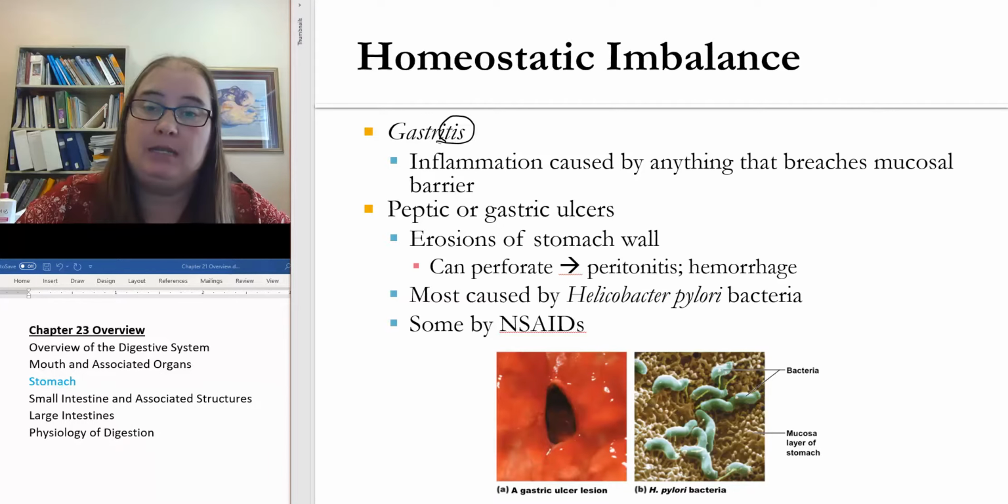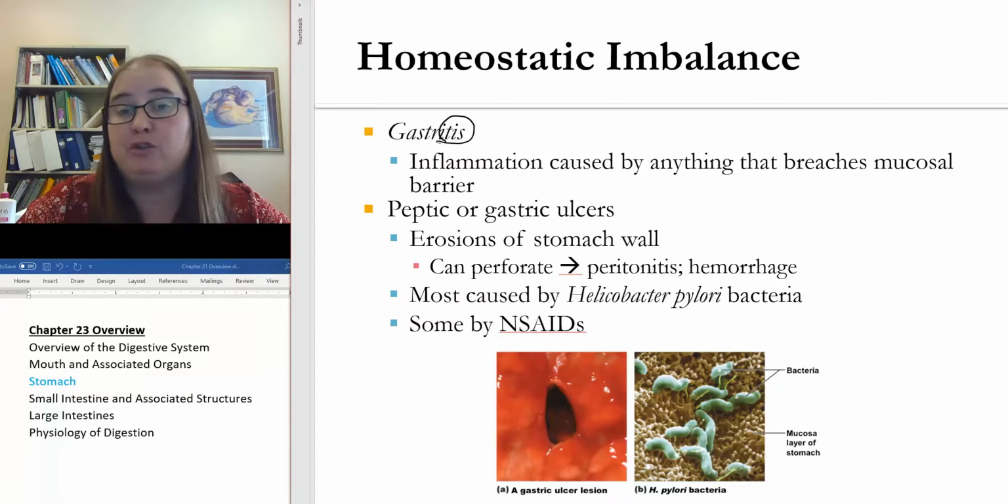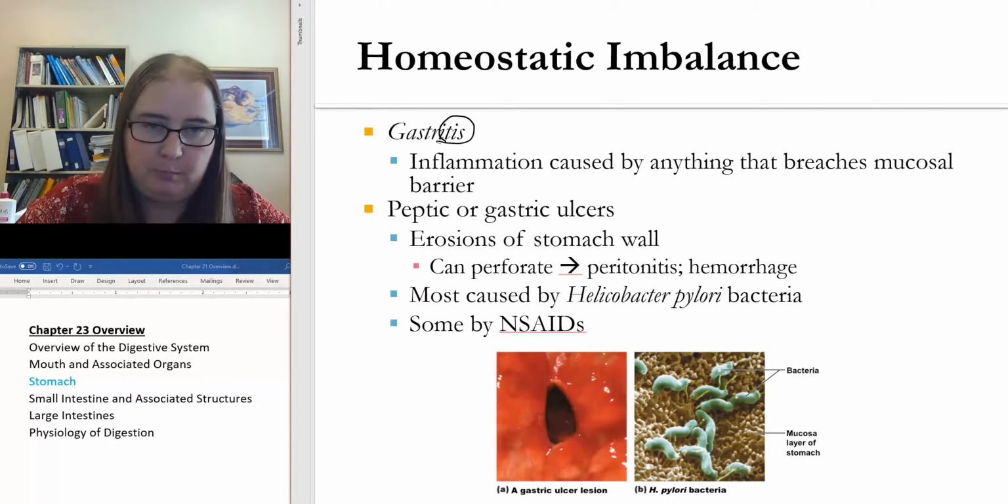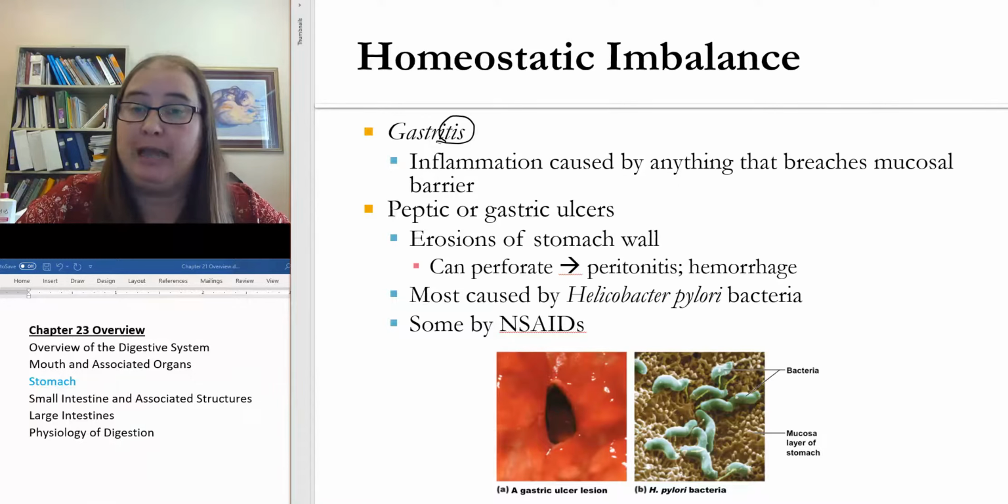Now, again, it's if you have any type of substance that breaches that mucosal barrier, it will result in inflammation. Now, in severe cases, you can actually get erosion of the stomach wall. This will lead to peptic or gastric ulcers. This is what a gastric ulcer looks like. Okay, this is a big hole.